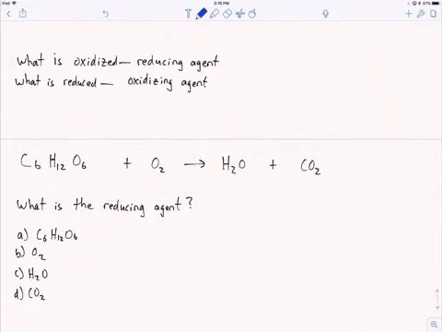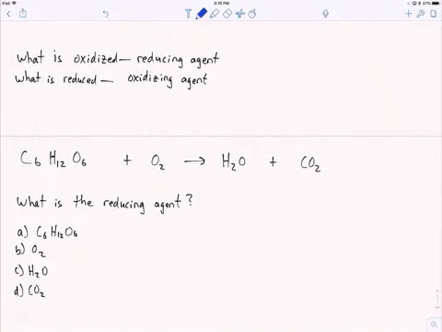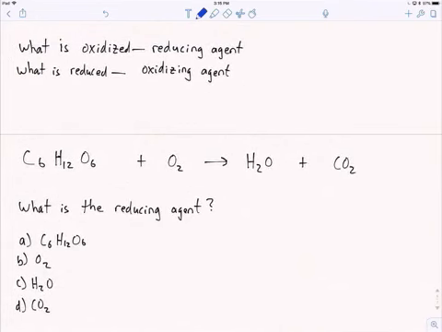So we have this equation here. Unbalanced oxidation of glucose. What's the reducing agent? How about I give you the oxidation states? 0, plus 1, minus 2, 0, plus, minus 2, plus 4, 0.